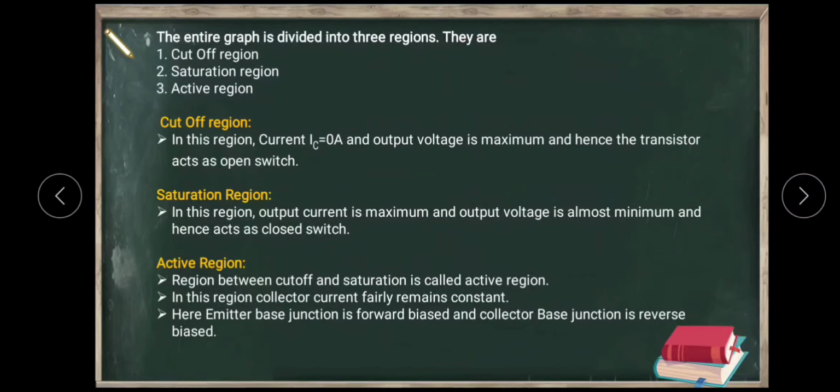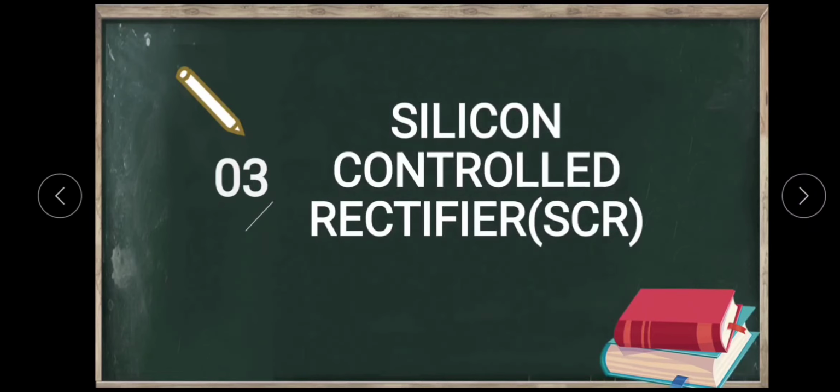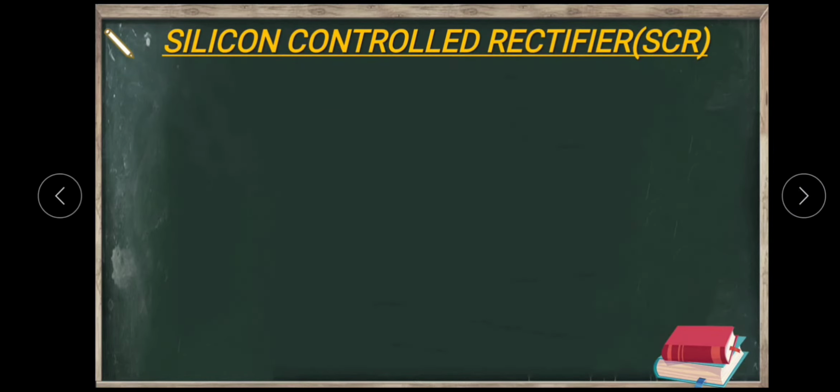In thyristor, there are two types of thyristors. One is unipolar thyristor, the other one is bipolar thyristor. This unipolar thyristor we call silicon controlled rectifier or SCR. Bipolar is nothing but other power devices. Thyristor is a 4-layer PNPN structure and contains 3 junctions.